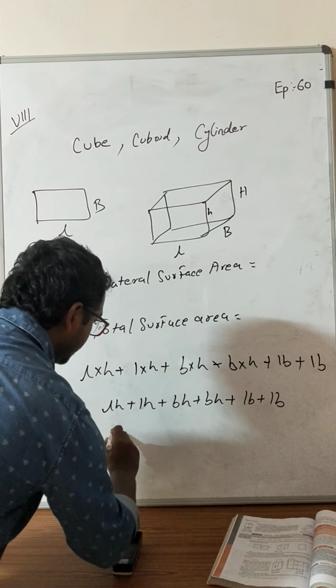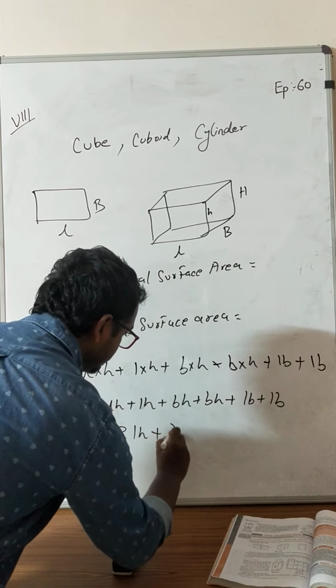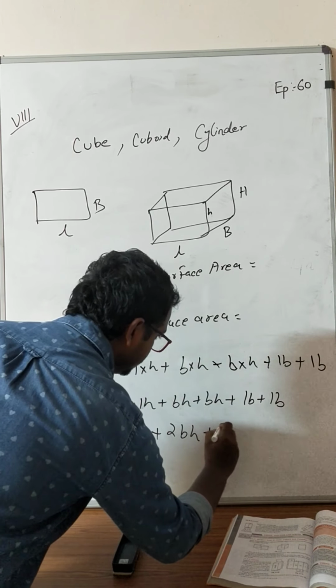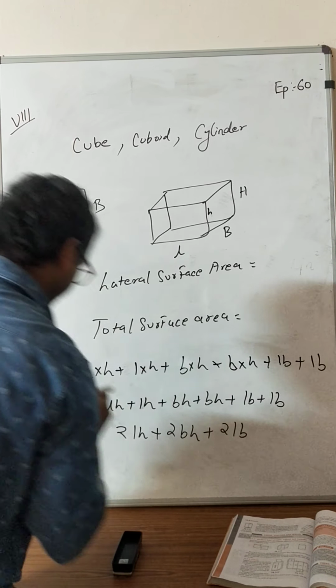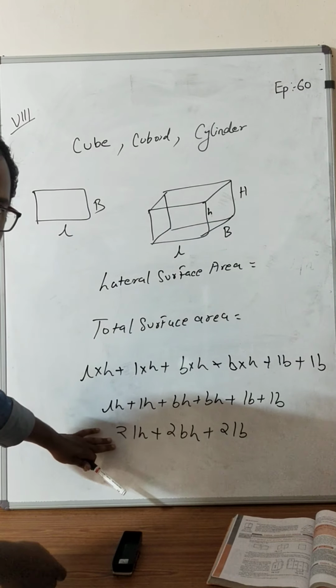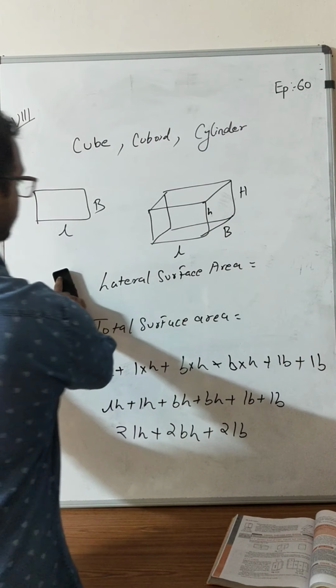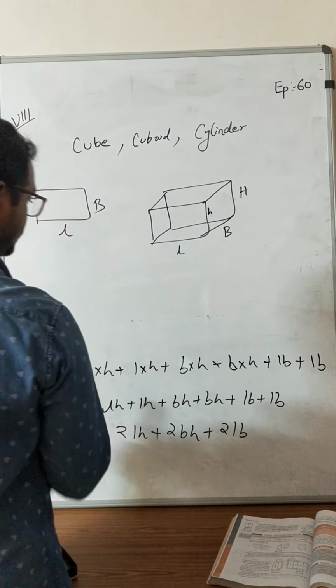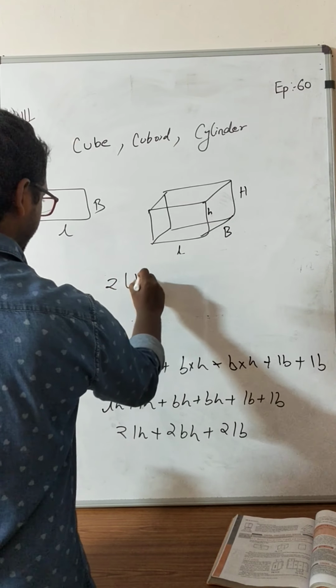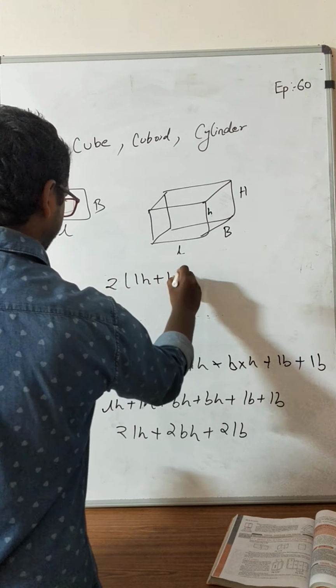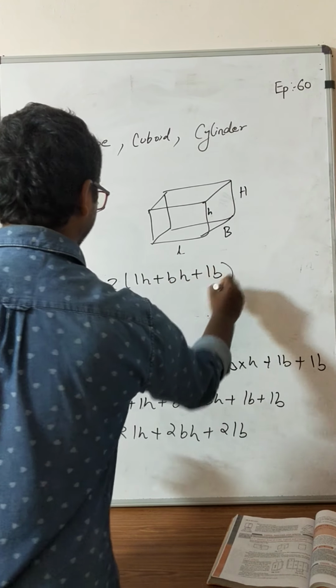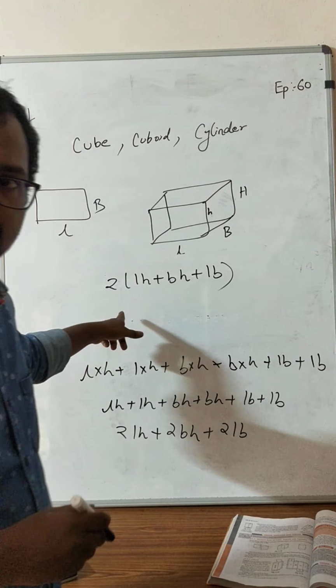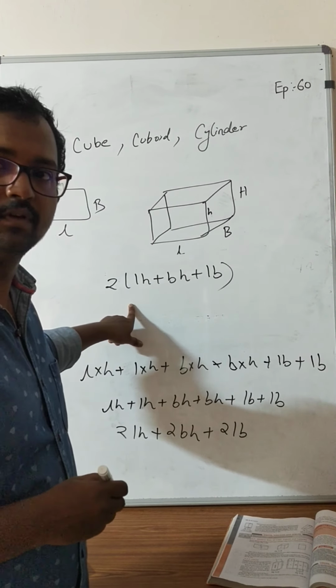We will get 2LH plus 2BH plus 2LB. From here, if we take 2 as common, we will get 2(LH plus BH plus LB). So this is how we get the area of a cuboid.